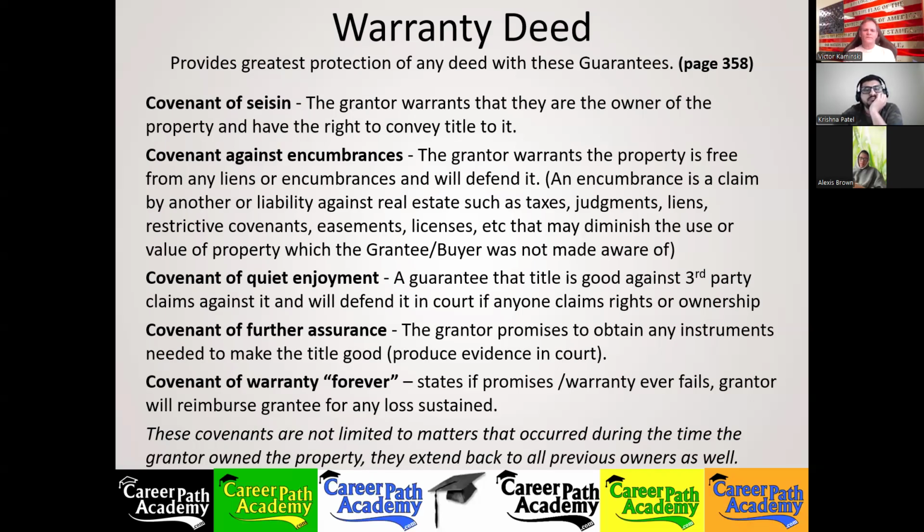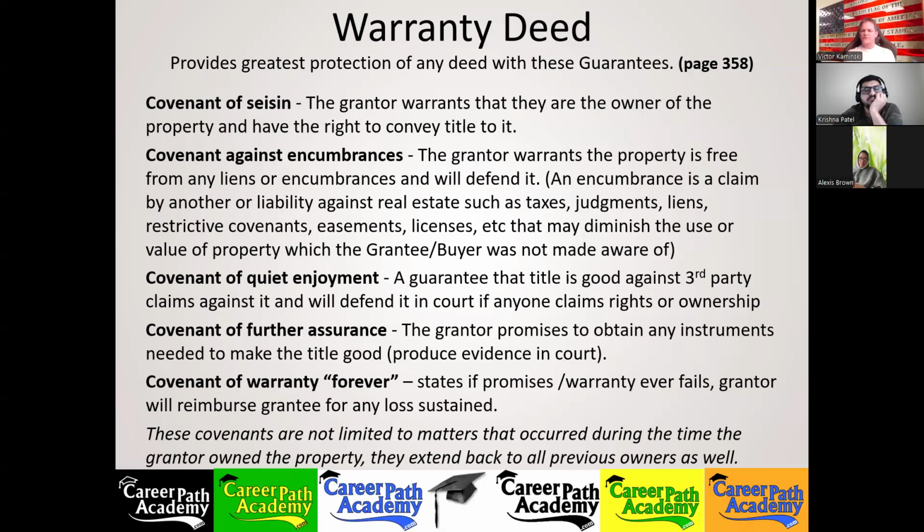The covenant of quiet enjoyment states that the title is good against third parties that may lay claim against it, and the grantor will defend it in a court of law if anybody claims that they're the owner.